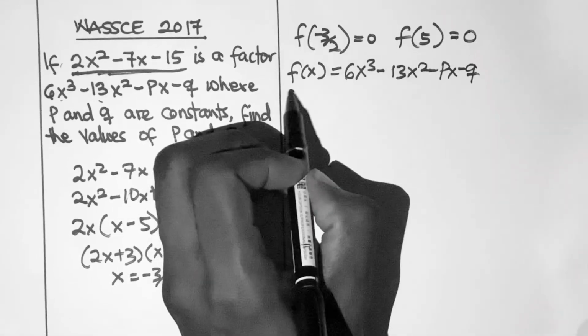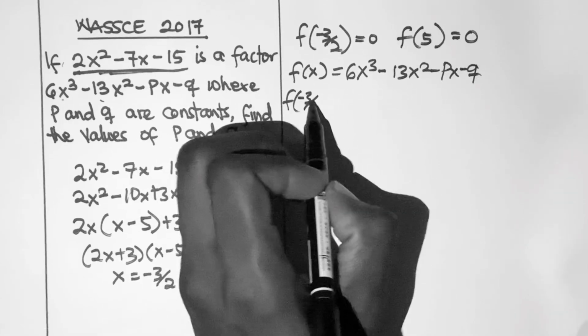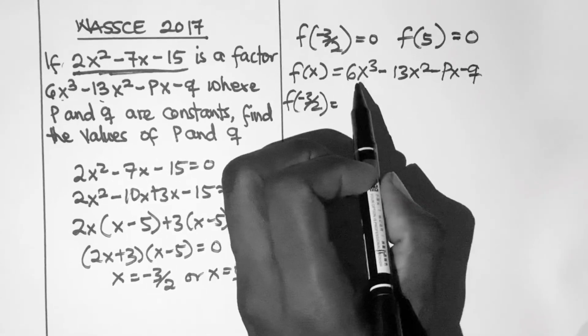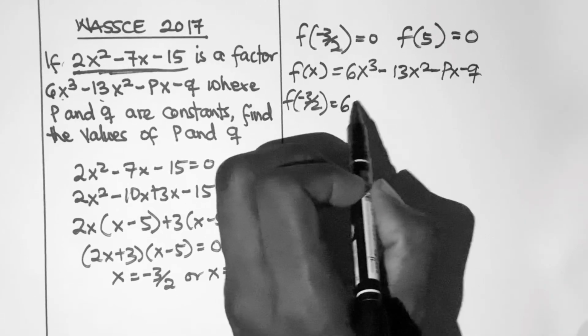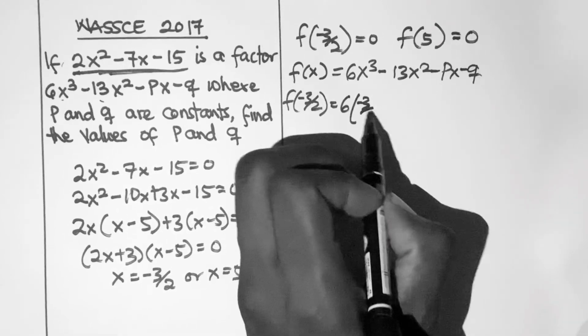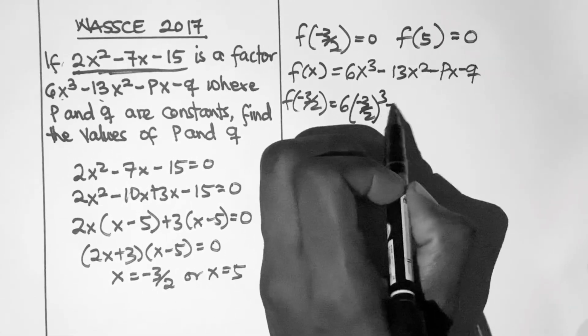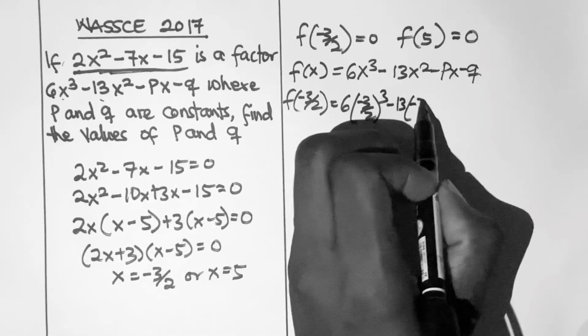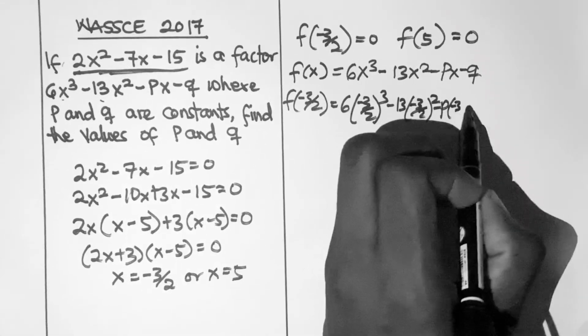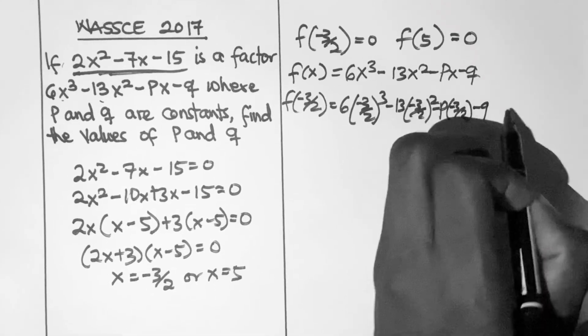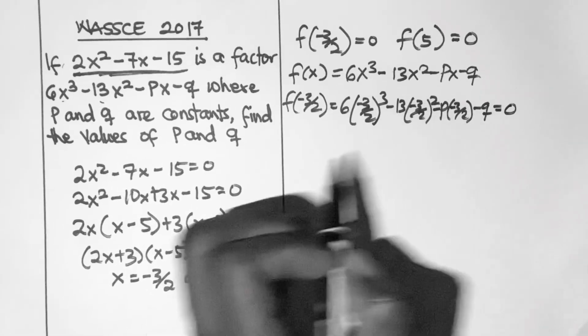And then now, what is f of minus 3 over 2? So it means that wherever we see x here, we should insert minus 3 over 2. So this becomes 6 times minus 3 over 2 cubed minus 13 times minus 3 over 2 squared minus p times minus 3 over 2 minus q, and this is equal to 0.